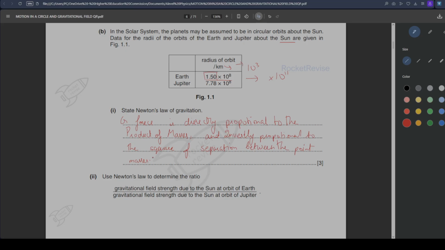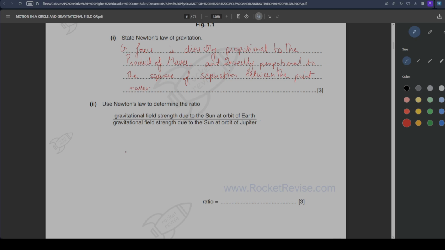Use Newton's law to determine the ratio. Okay, they've given us the ratio: gravitational field strength due to the sun at the orbit of Earth. So we have the orbit of Earth in the numerator and the orbit of Jupiter in the denominator.